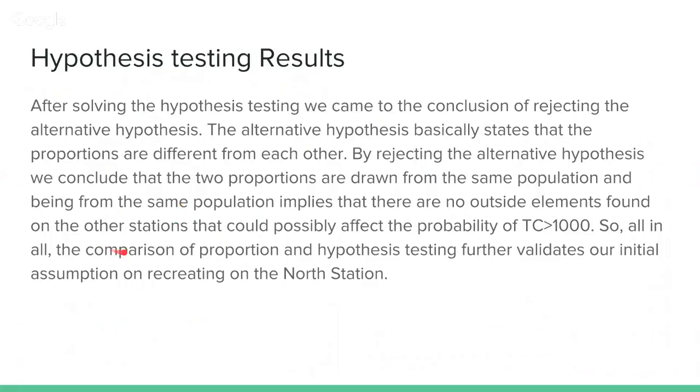So all in all, the comparison of proportions and hypothesis testing further validates our initial assumption on recreating at the North Station, because that just means that no other variable is going to change the TC concentration at the South or the Zero Station, because they're all drawn from the same population.